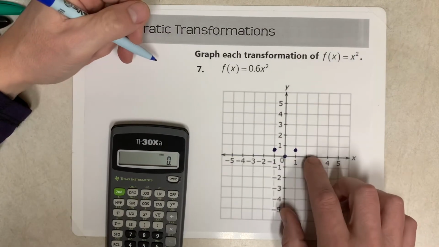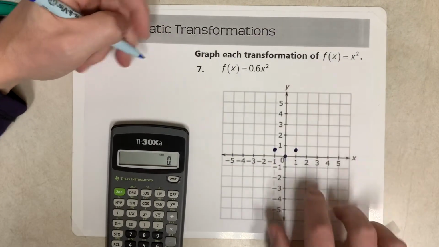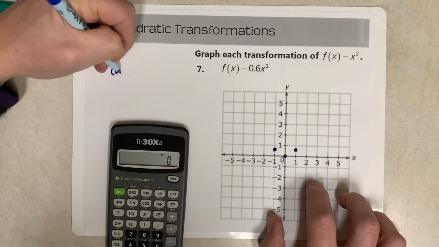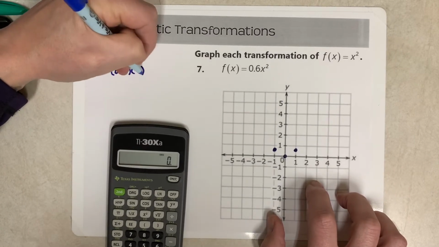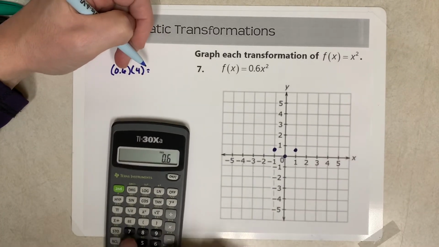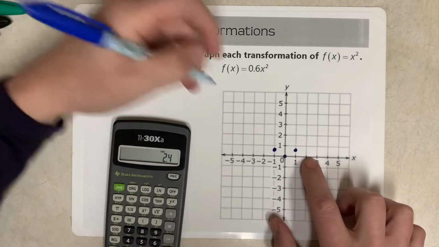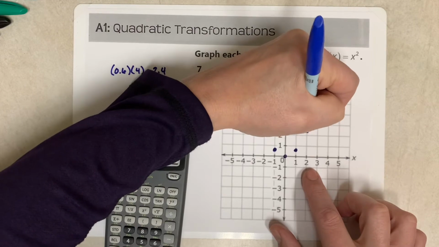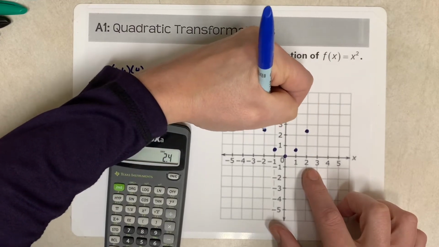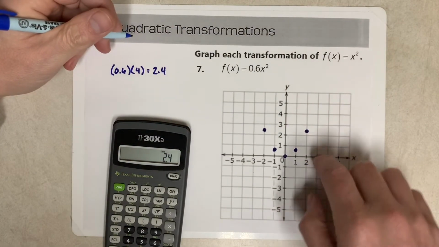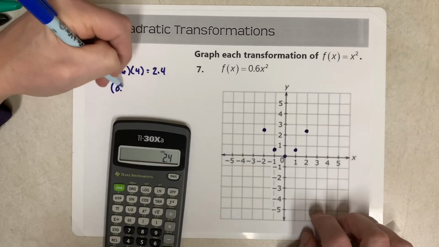It used to be over 2 up 4, but now we have to take 0.6 of that. So 0.6 times 4 is 2.4. So we got to go over 2 up 2.4, which is about right there. It used to be over 3 up 9, but now we have to take 0.6 of that.